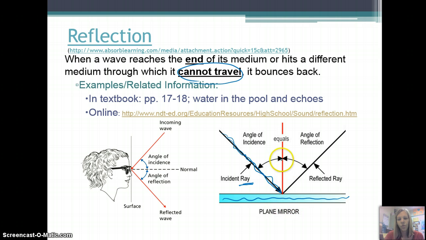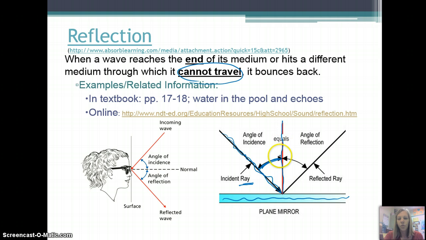The angle that it moves in is called the angle of incidence, and how we find that angle is we create a perpendicular line from the barrier medium, and this is called the normal.